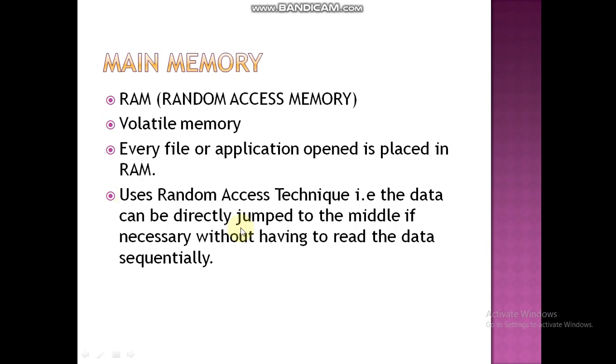It uses random access technique, that is the data can be directly jumped to the middle if necessary without having to read the data sequentially. So it directly jumps to the data and does not need to read the data sequentially.